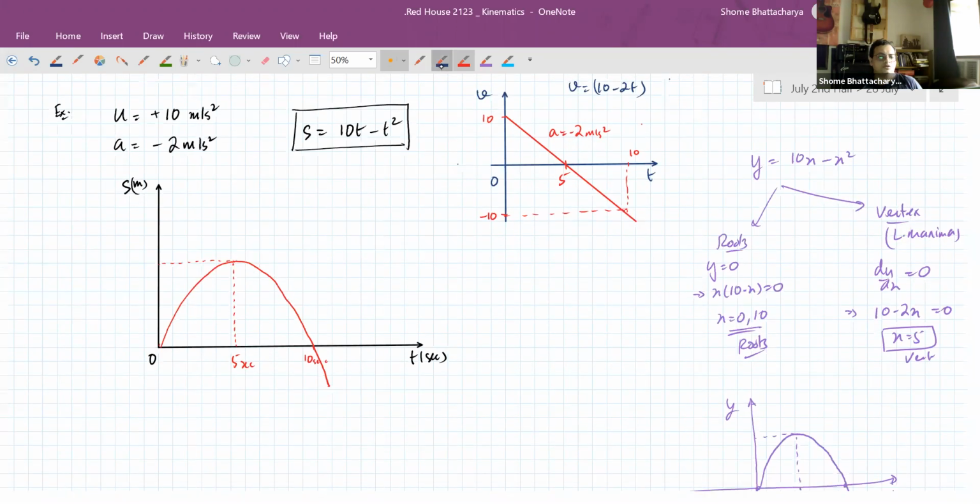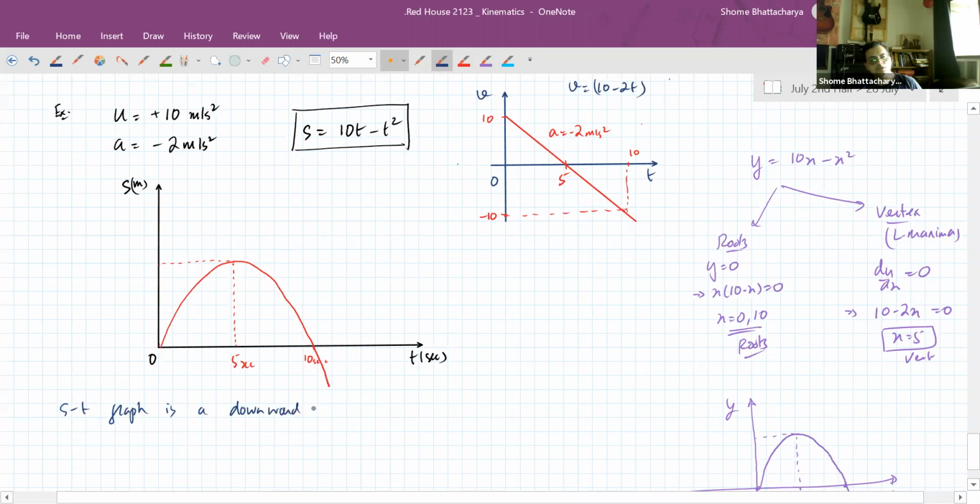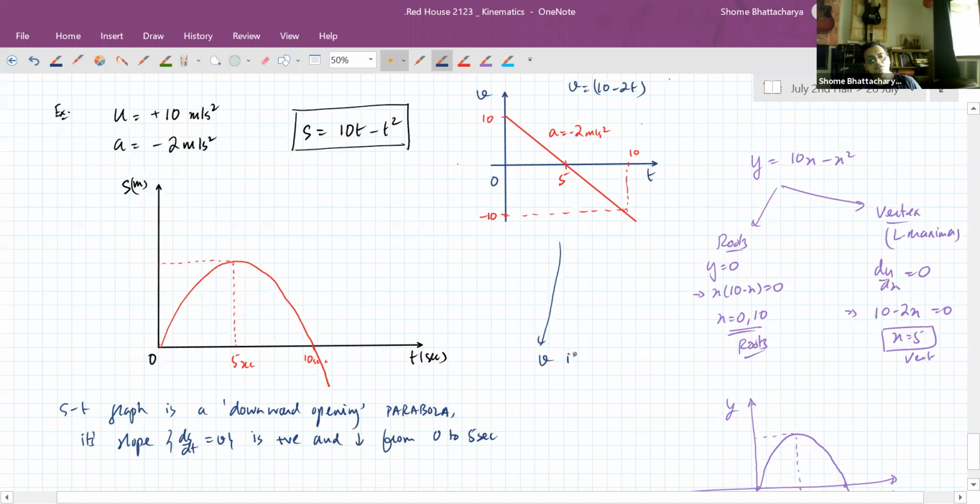So first of all, the displacement time graph is a downward opening parabola. Its slope, that is ds by dt equal to v, is positive and decreasing from 0 to 5 seconds, which is what this is also showing you, that velocity is positive and decreasing from 0 to 5 seconds.